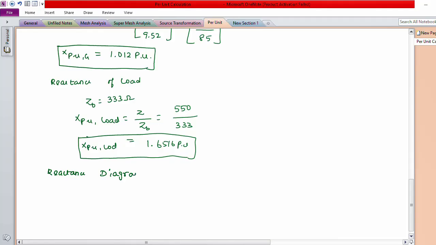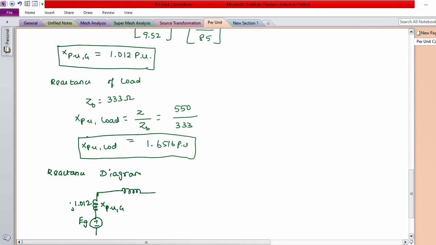Now by using all these reactance values, we have to draw the reactance diagram. We have determined the reactance for the generator, X per unit generator, as 1.012.